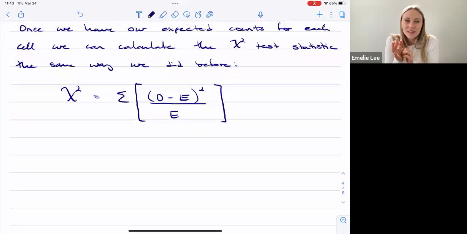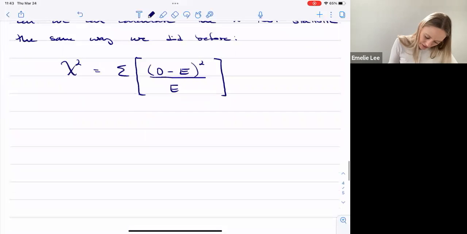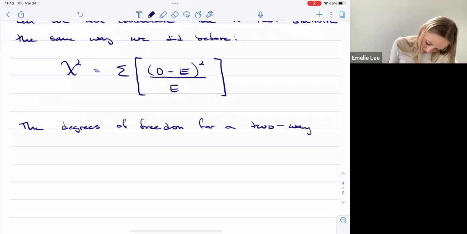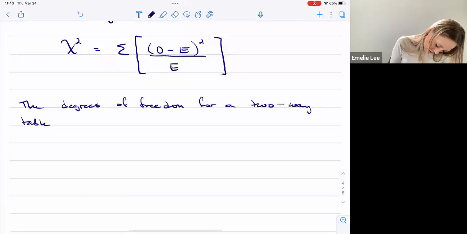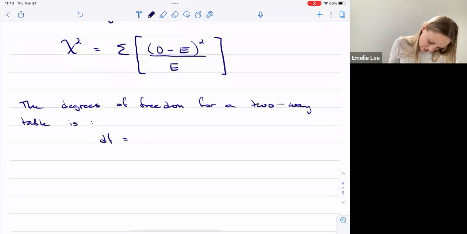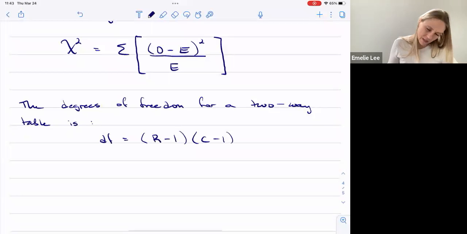Then to use the table, we need the degrees of freedom. So once we have the chi-squared, we need the degrees of freedom for a two-way table. The degrees of freedom is the number of rows minus 1 times the number of columns minus 1.